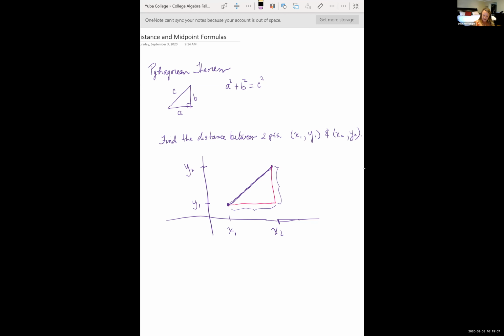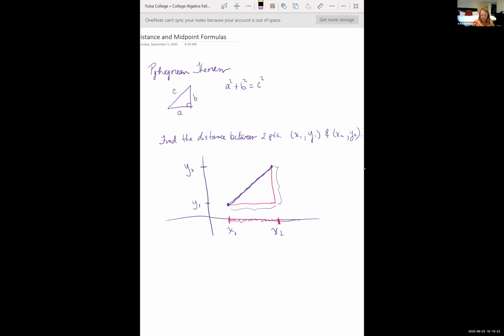So we can actually express this. So basically the base, the bottom, right here, that's this length in between my x of 1 and x of 2. I need to figure out what that distance is.